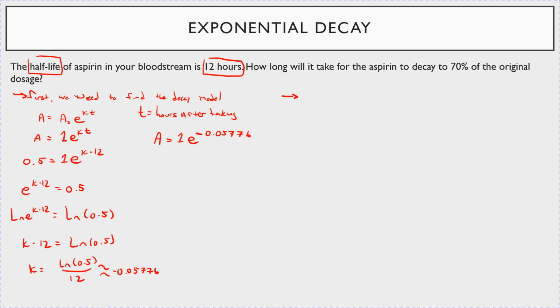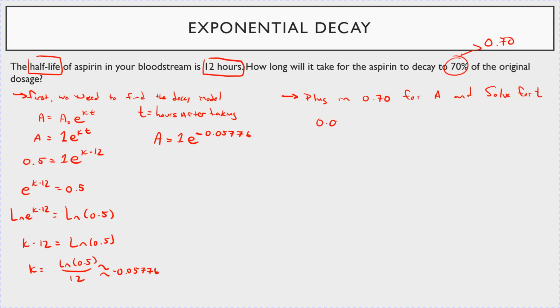So if I want to figure out how long it will take for the aspirin to decay to 70% of the original amount, well, that would be, I'd have 0.7 dose of a dosage left. So plug in 0.70 for A, and it's asking you how long, and so solve for t.